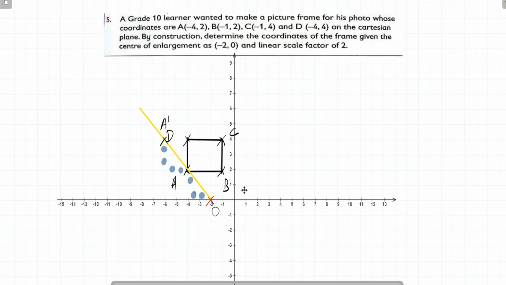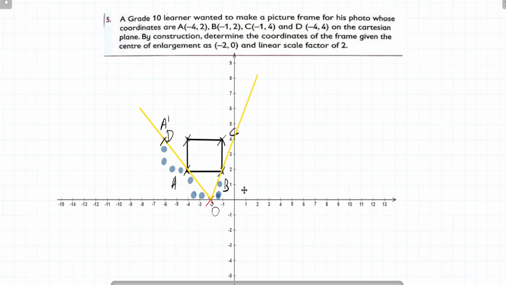Let's do this with the others as well. So from the center to the object, which should be somewhere here. Okay. So now let's do the same thing to that one as well. So scale factor 1 is this 1, and then going up 1, 2. So you repeat the same process.